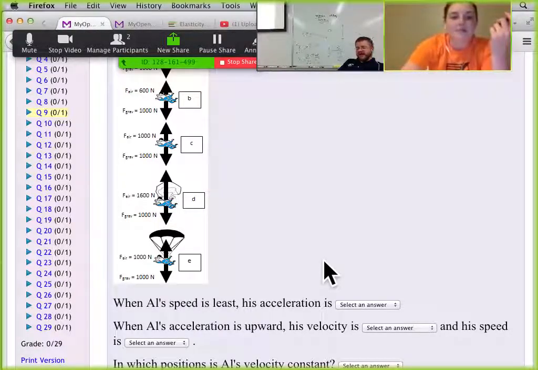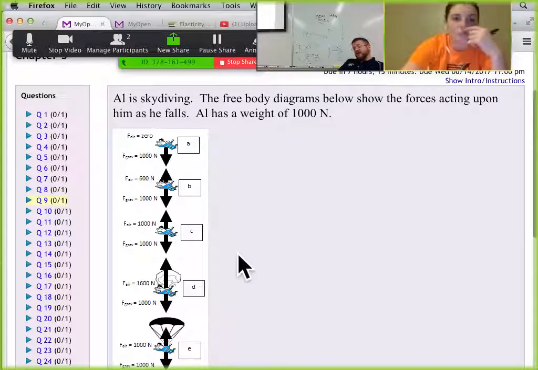Or another way to ask it is, when do you get non-constant velocity? In other words, when do you get acceleration? What causes acceleration, according to Newton's second law? Force. Yeah, a net force. So if you go to each one of these and add together the forces and find out which ones have some net force that's not 0, then in all of those you'll be accelerating. The ones where it adds to be 0, you will not be accelerating.